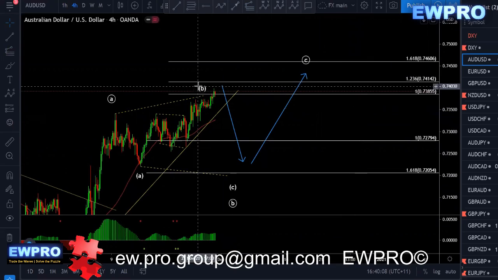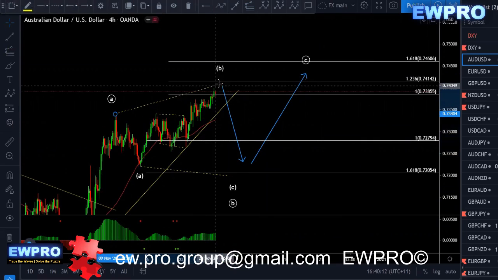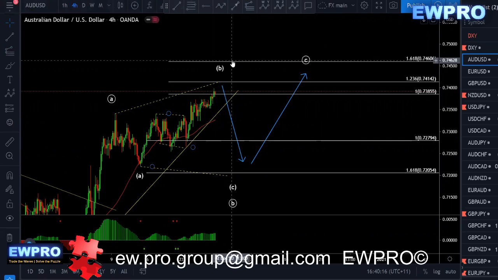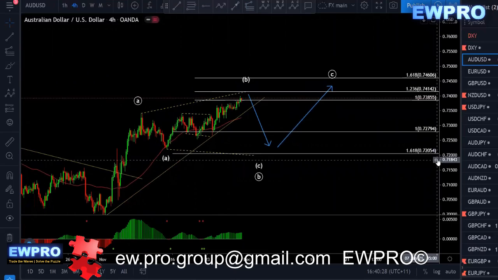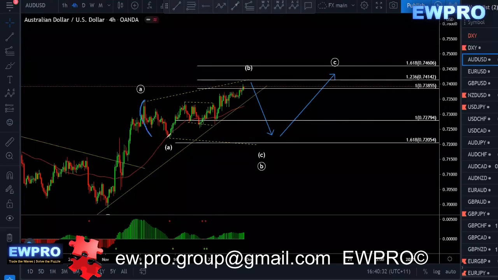The only way I can really rule this structure out, so if it gets to this 161.8, then I can sort of rule it out. This flat as a running flat, and this here was all the correction.